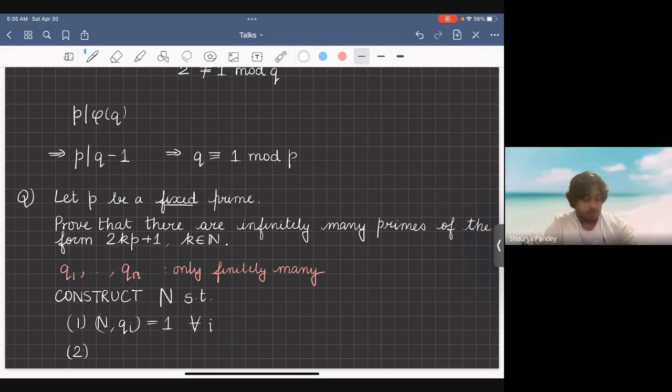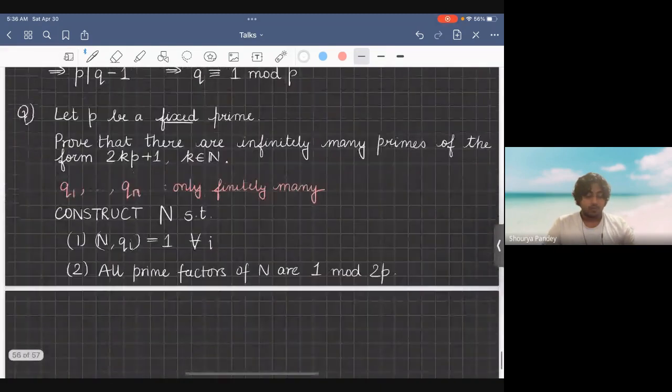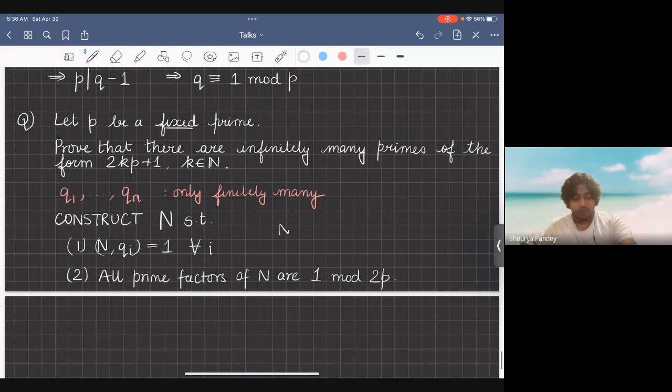So I need that all prime factors of n are 1 mod 2p. Do you see why this will suffice? Let's just say n is more than 1. That's clear.